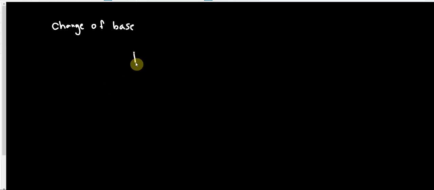If I take any logarithm, and it has, let's say, a base of b, and we're putting in anything, I can rewrite it as a division of log base of anything with b as the input over log with the same base of anything with x as the input.